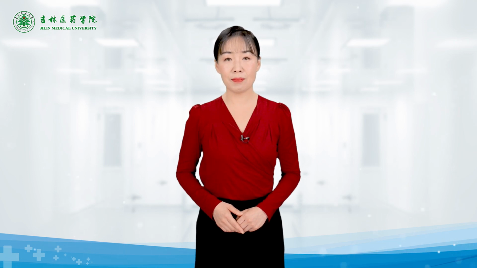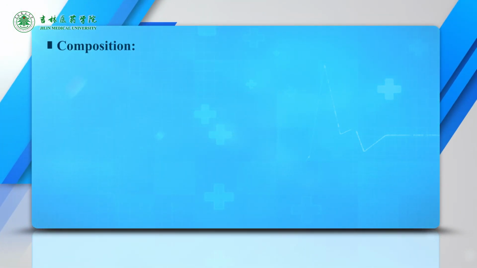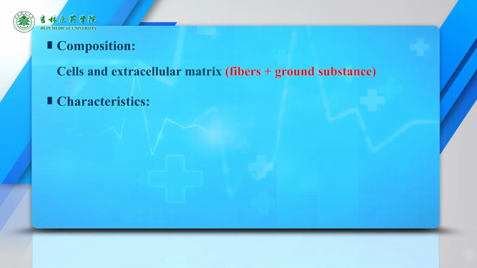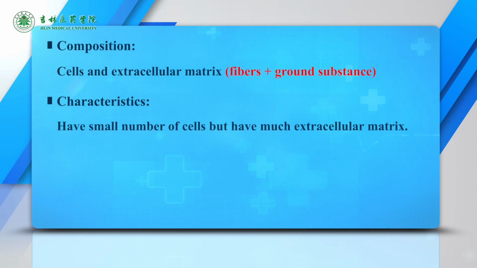Connective tissue is also composed of cells and extracellular matrix, but compared with epithelial tissue, connective tissue is rich in much more extracellular matrix, which comprises fibers and ground substance. Characteristics: have a small number of cells but much extracellular matrix.